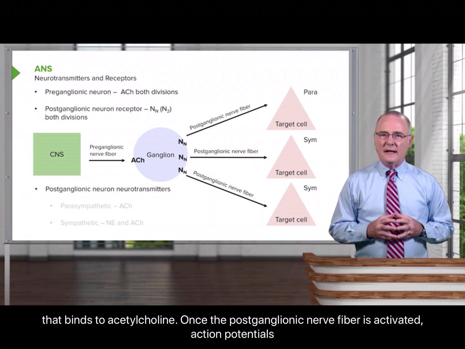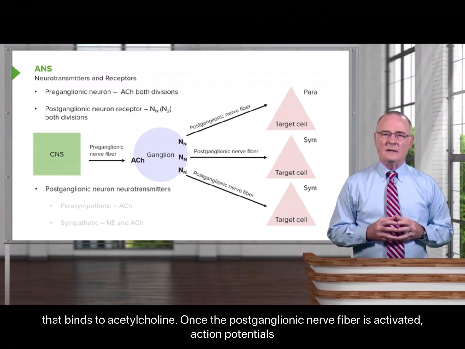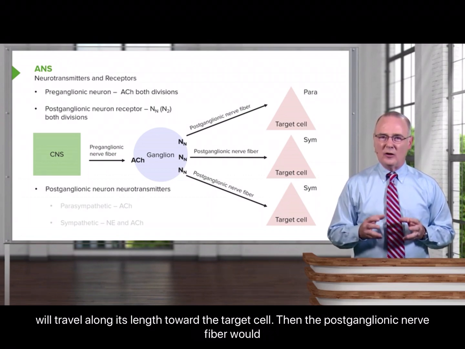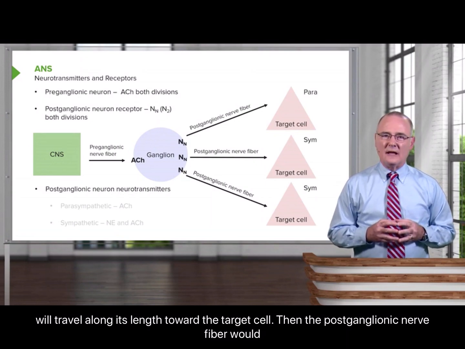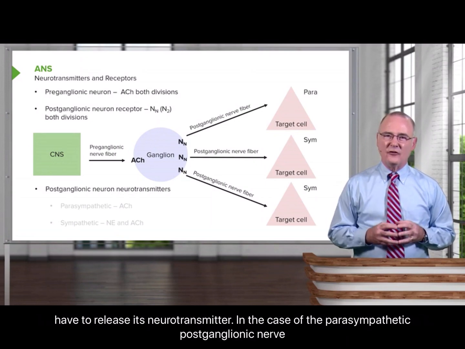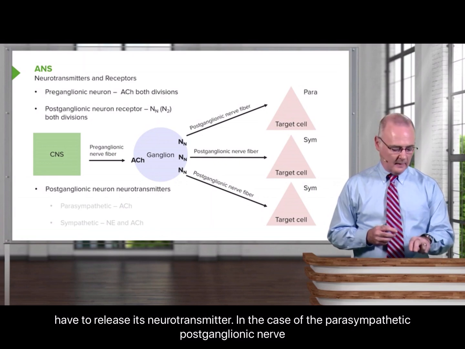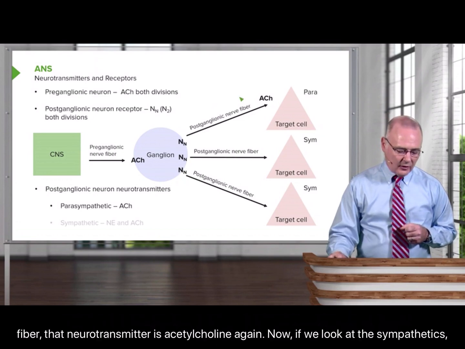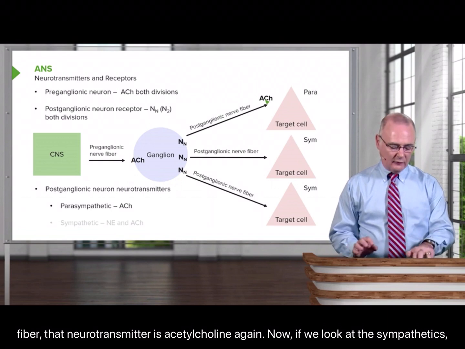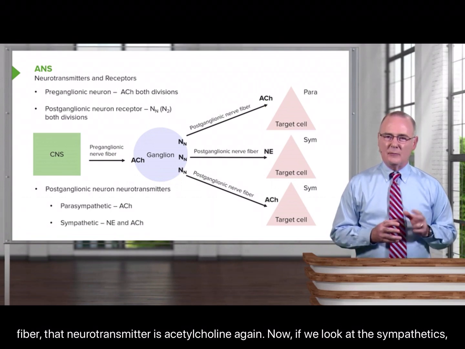Once the postganglionic nerve fiber is activated, action potentials will travel along its length toward the target cell. And then the postganglionic nerve fiber would have to release its neurotransmitter. In the case of the parasympathetic postganglionic nerve fiber, that neurotransmitter is acetylcholine again. Now, if we look at the sympathetics, this is a bit unusual.